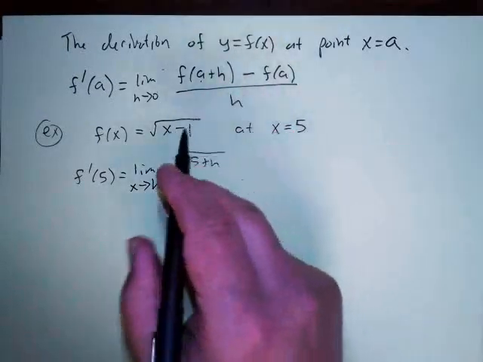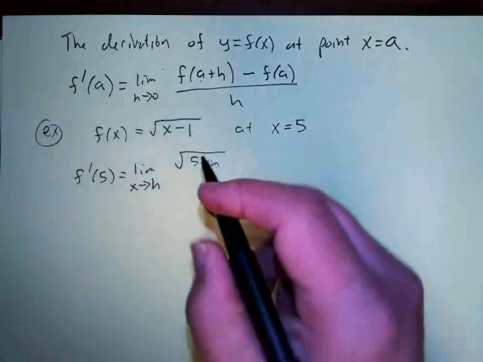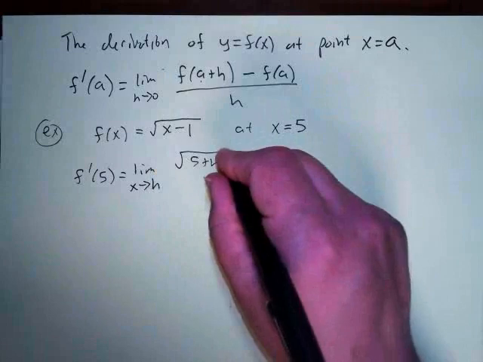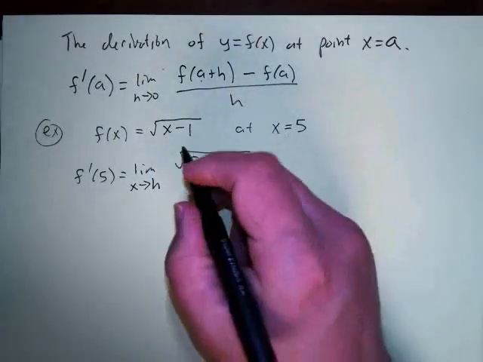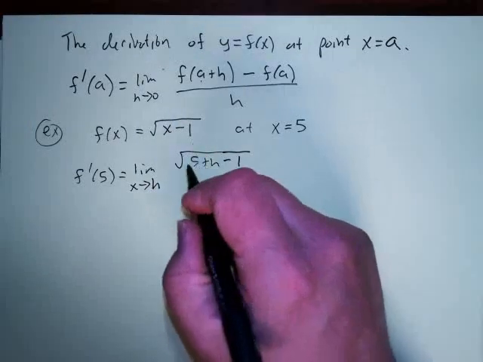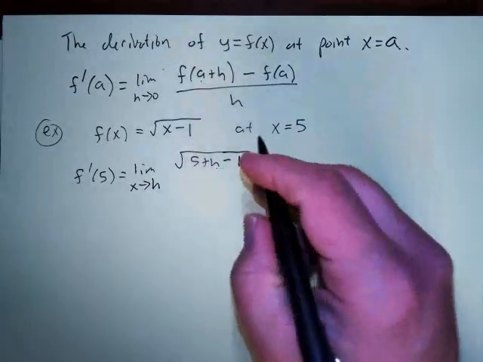So instead of plugging in x plus h in here, this is 5 plus h, and then I'll have a minus 1, actually. So instead of putting in x plus h into here, I'm putting in 5 plus h, okay?